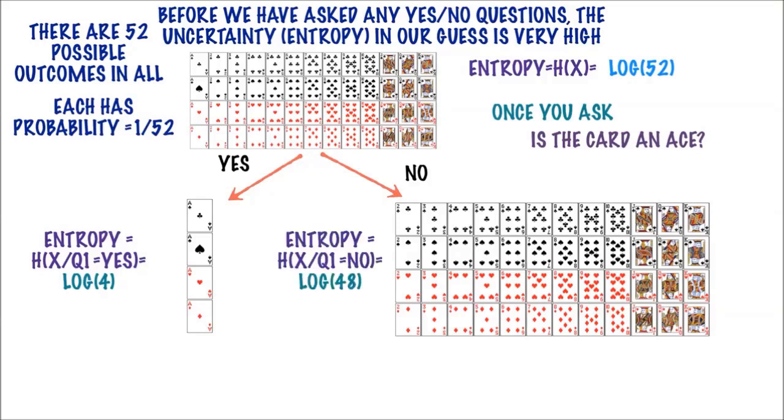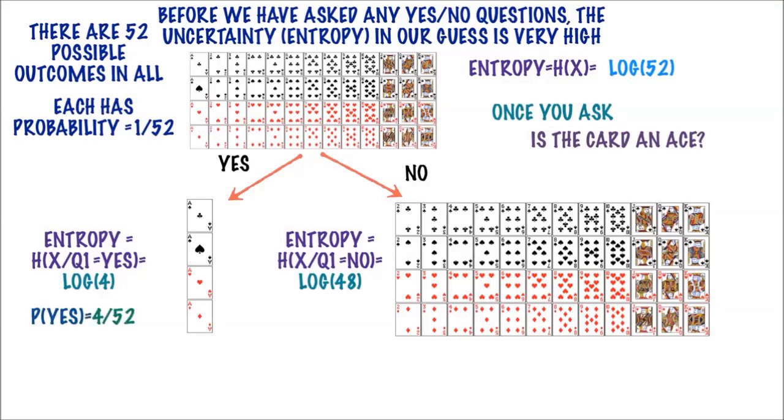Similarly, if the answer is no, the entropy turns out to be log of 48. Log of 4 and log of 48 are both less than log of 52, which was the entropy that we started out with. So overall, after we asked a question, we've reduced the entropy. We've reduced the uncertainty in our guess.